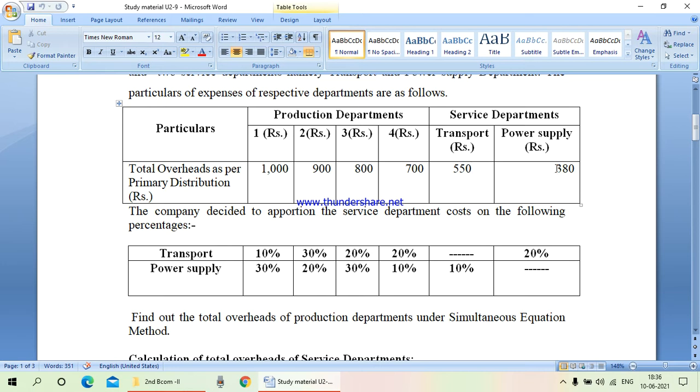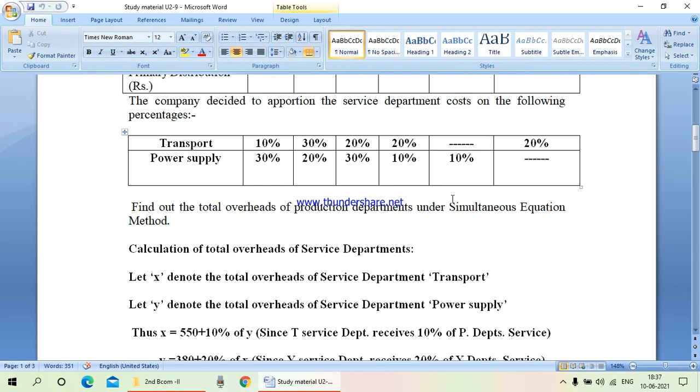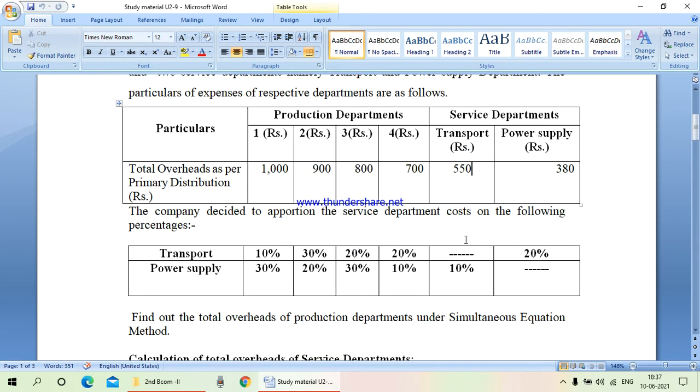Likewise, the power supply department has to add the service received from the other department and deduct the service given to the transport department. Here transport provides 20% of its service to power supply and takes 10% service from power supply, and power supply gives 10% of its service to transport and receives 20% of service from transport.